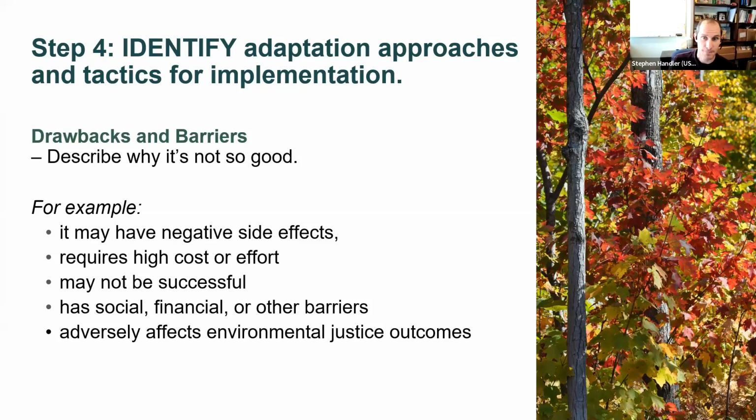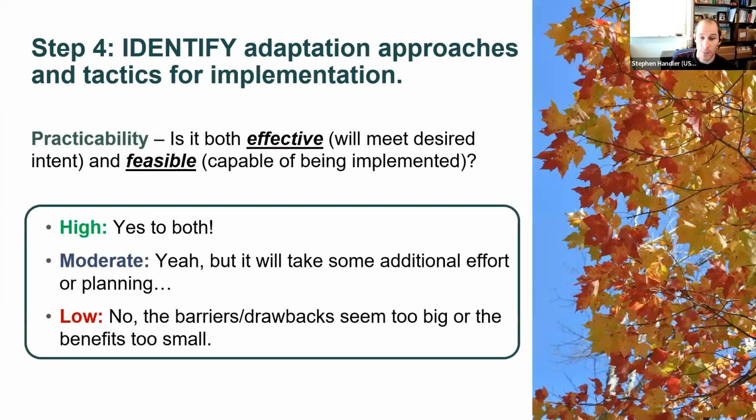But the point here is that we're asking you to weigh these drawbacks and barriers because we want you to brainstorm and not be bashful about self-censoring ideas. So you can put ideas in the workbook, and then ultimately you can scrutinize them, and you can choose not to implement them. You can choose not to carry them forward.